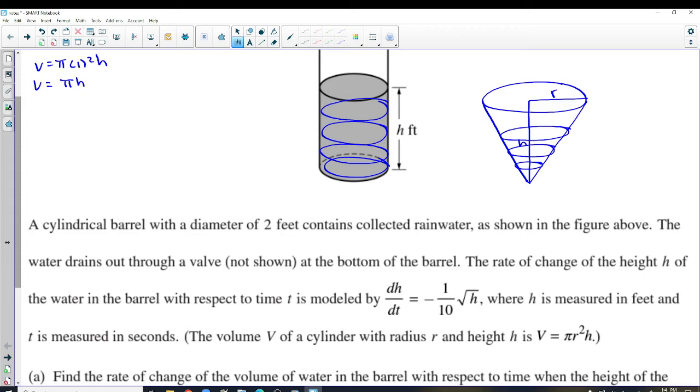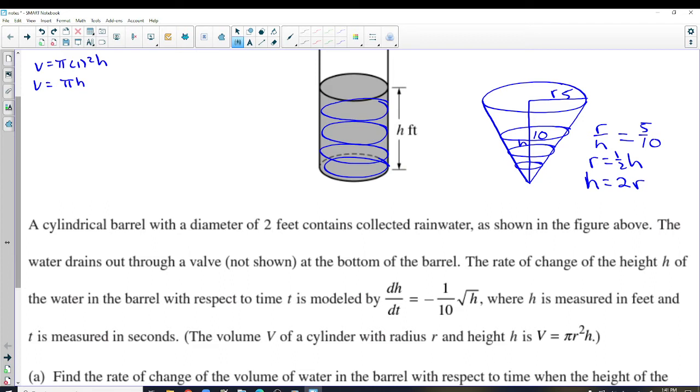The way that we fixed that, the way that we replaced variables, was we said r over h is equal to, let's say the cone was 10 feet high and the radius was 5, so 5 over 10, and now we can manipulate that to replace variables. You could say r is 1/2 h, or you could say h is 2 times r, whichever you had to use. So we use the fact that we have similar triangles with that. So you'll need that for the second problem today on the worksheet.